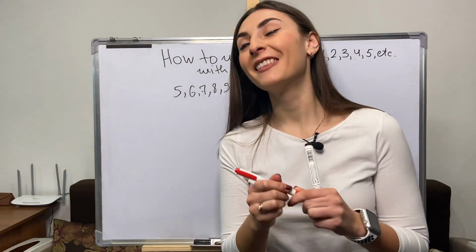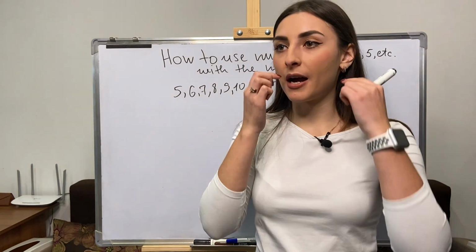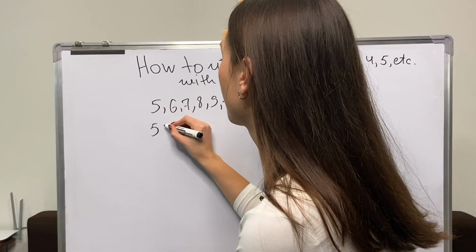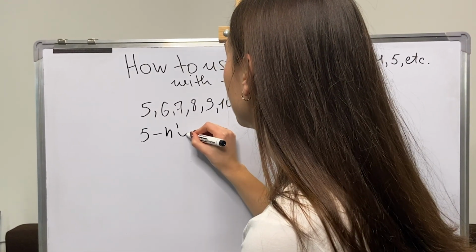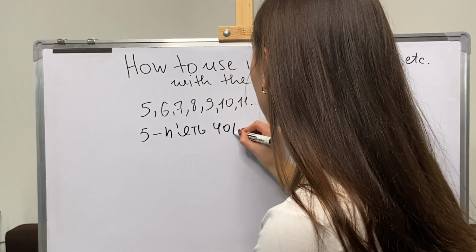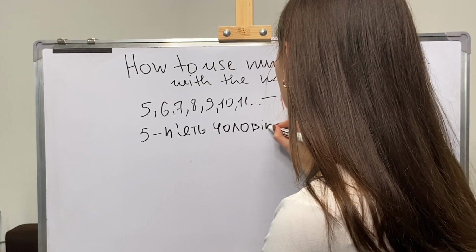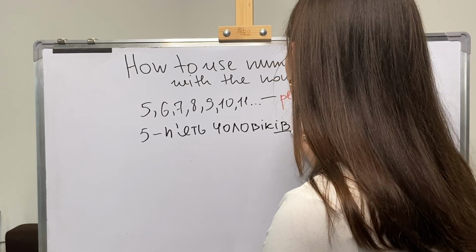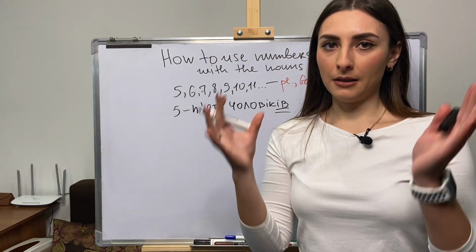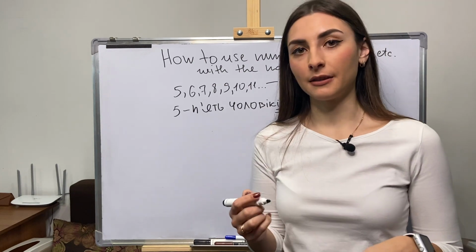Here's the tricky thing. For example, you want to say 5 men. You say 5 чоловіків. If this is a masculine plural noun, it takes the genitive plural case.